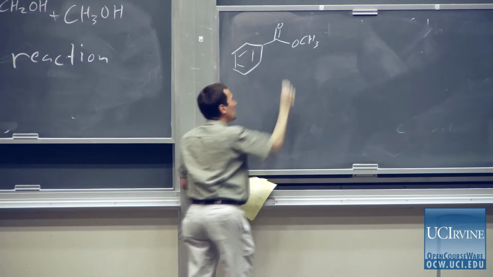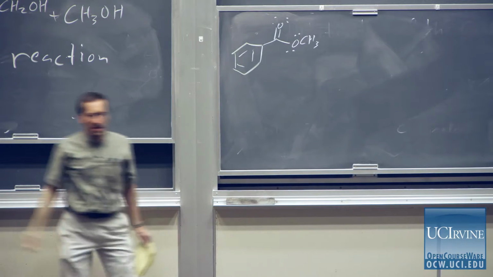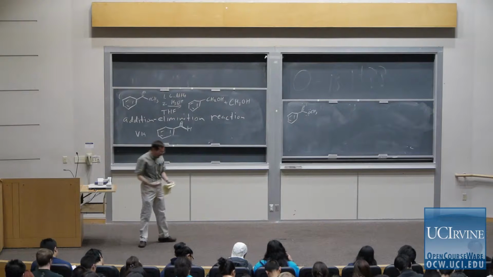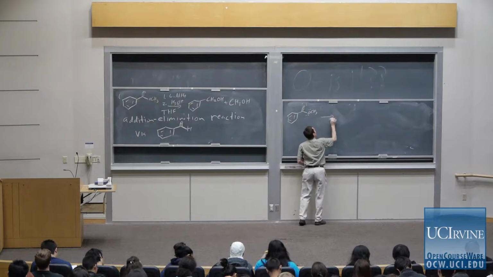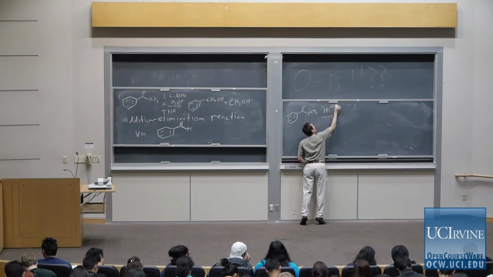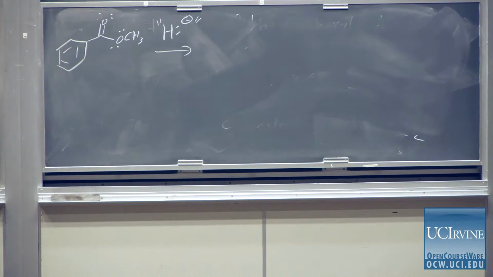And I will, at least for the moment, try to be a good person and write a good mechanism in which I write lone pairs of electrons and try to keep track of my charges. And to keep things simple, rather than writing out all of lithium aluminum hydride, I'm going to write hydride just as this abstraction of a hydride anion.